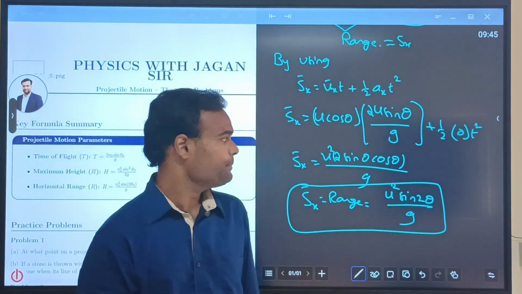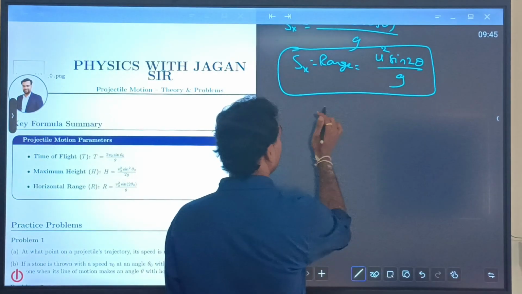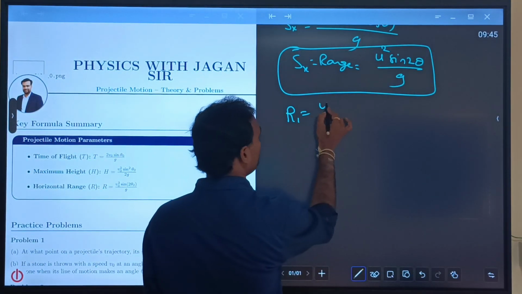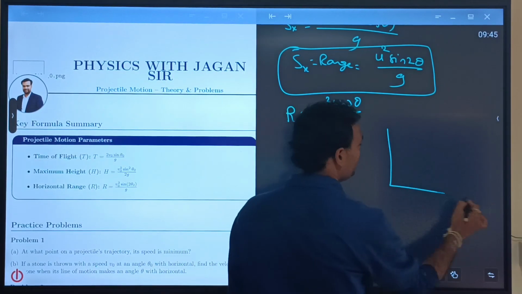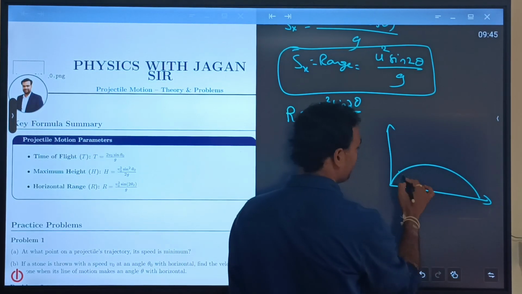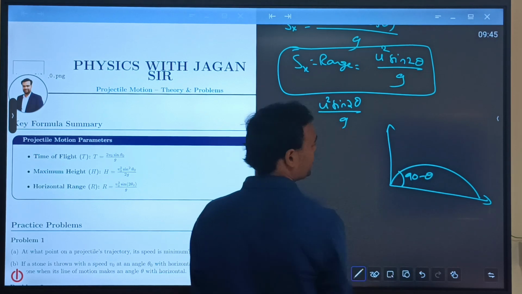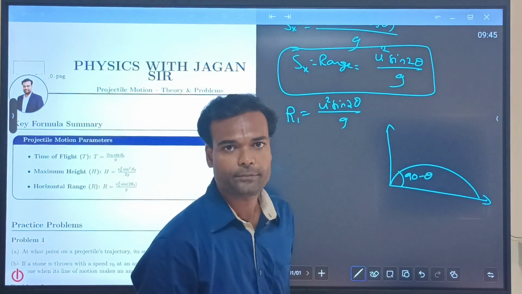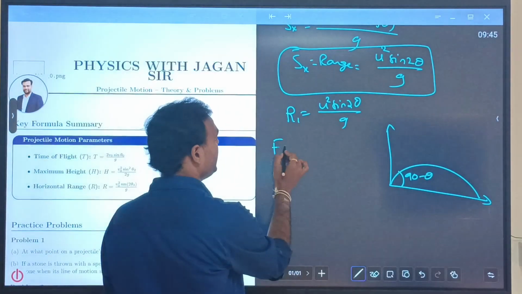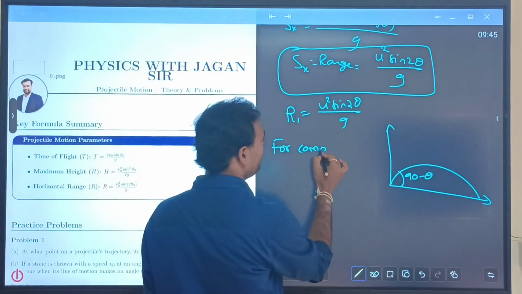And the next and most important point is the complementary angle. Let us consider R1 as u square sin 2 theta by g, and for the complementary angle, theta is turned into 90 minus theta, right?